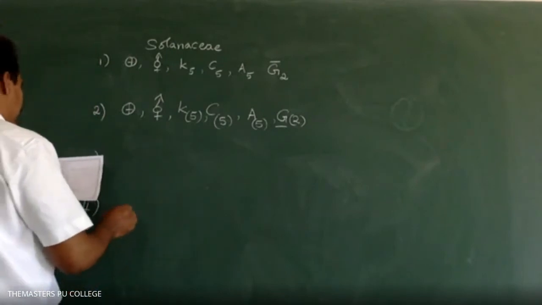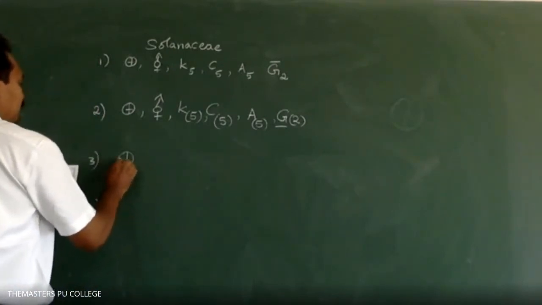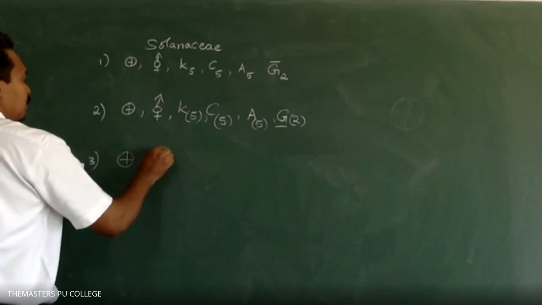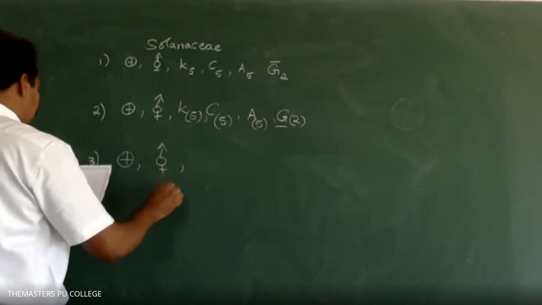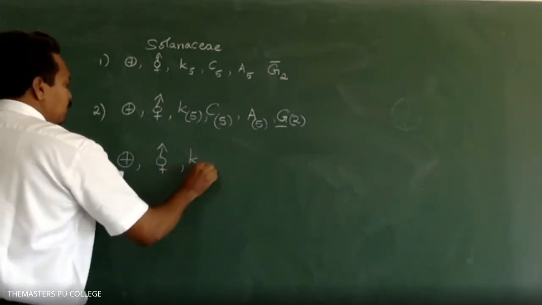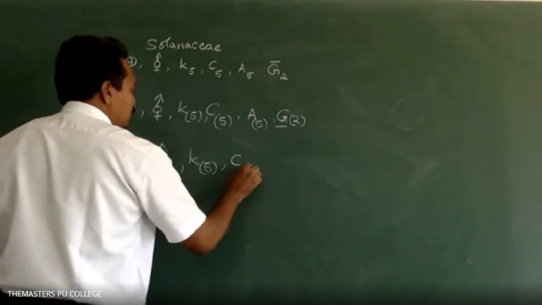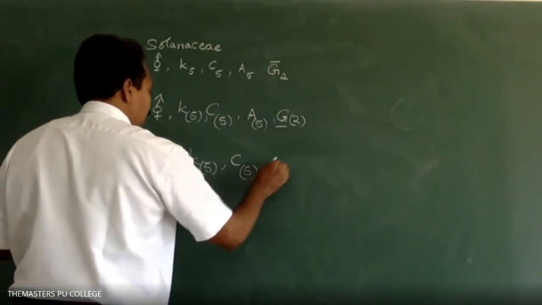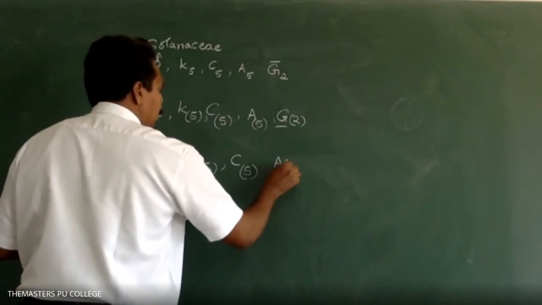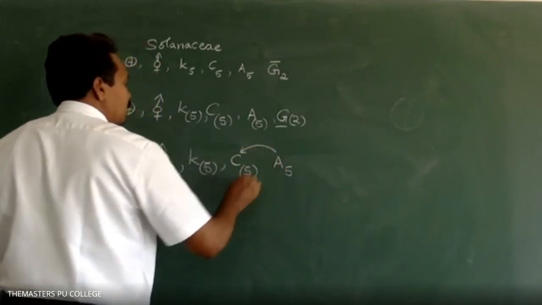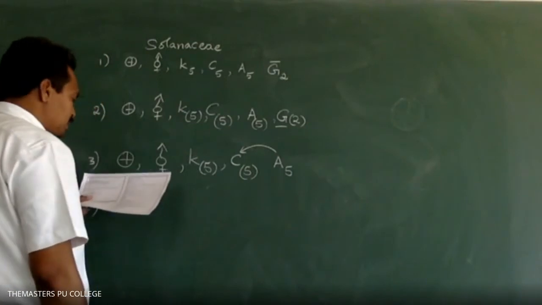Next, the third option: flowers are actinomorphic, bisexual, sepals 5 fused, petals 5 fused, stamens 5. The stamens are attached to the petals, epipetalous.